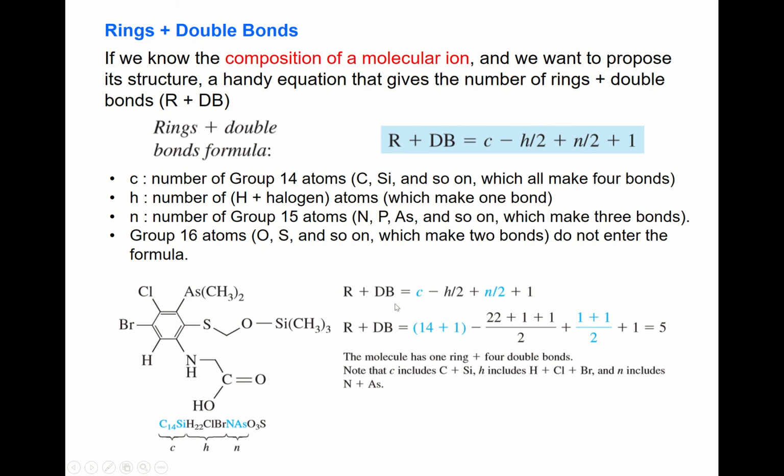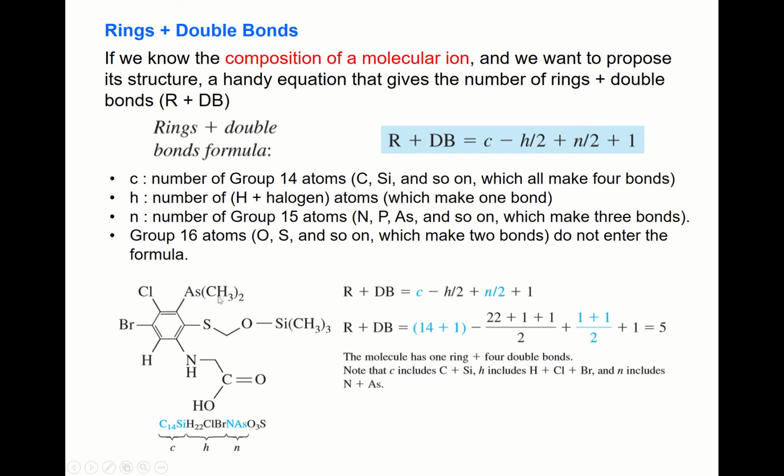Let's apply this formula to see if we can get the number 5. First C: let's count. C is the number of group 14 atoms here. How many carbon atoms here? 1, 2, 3, 4, 5, 6, 7, 8, 9, 10, 11, and here there are 4 carbon atoms.